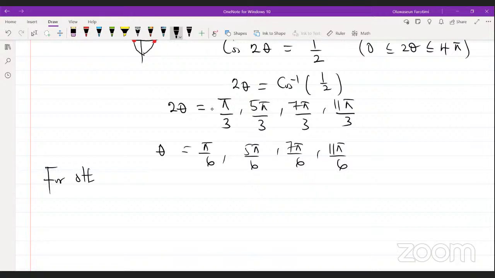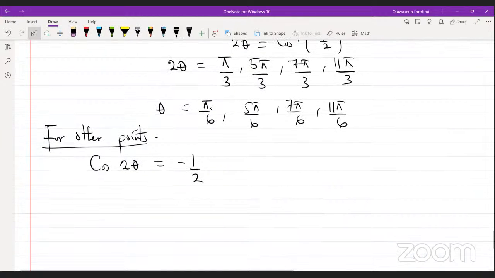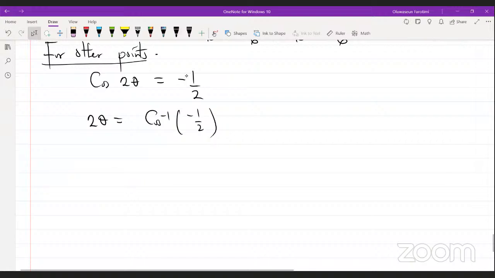So for other points, what do I do, guys? For the other points, I'm going to set the same cosine of 2 theta, but in this case to negative 1/2. So similar to what I did before, but cosine inverse of negative 1/2, the first thing you get is 2 pi over 3. But of course, that's not the only thing on the unit circle. You get other equivalents.